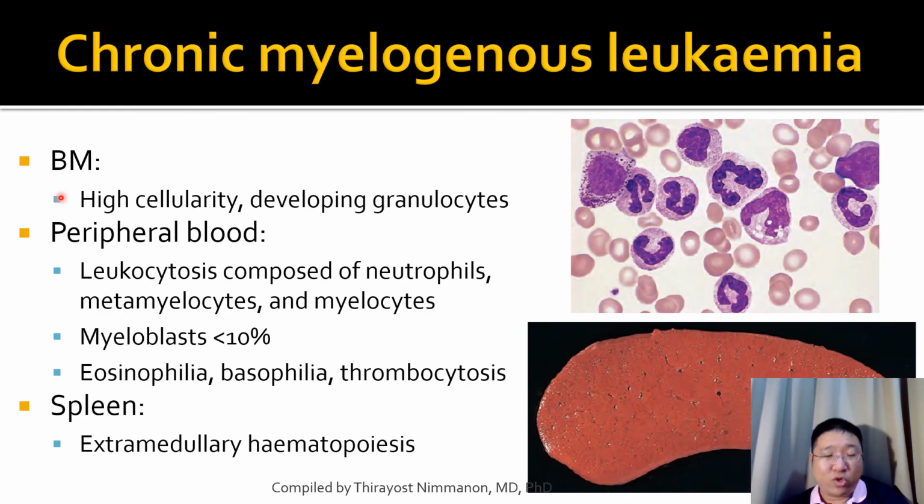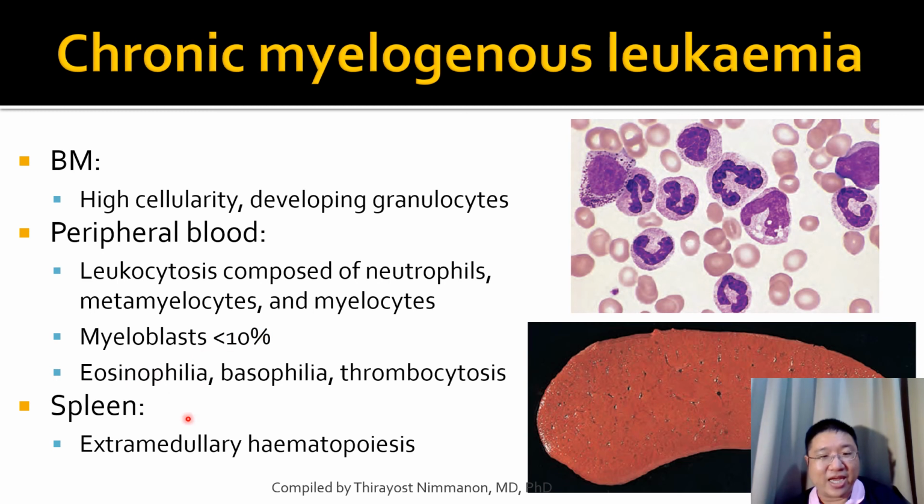So in the bone marrow, we usually observe high cellularity composed of developing granulocytes. In the peripheral blood, we should observe leukocytosis composed of neutrophils and myelocytes, and myeloblasts must be less than 10%, must not be so high, because if myeloblasts are too high, that is acute leukemia.